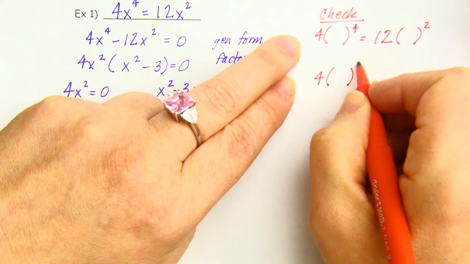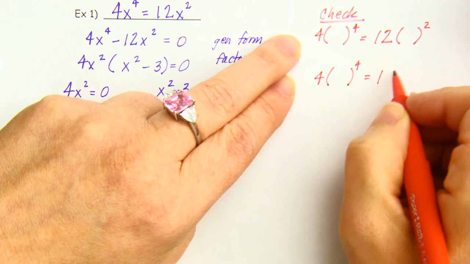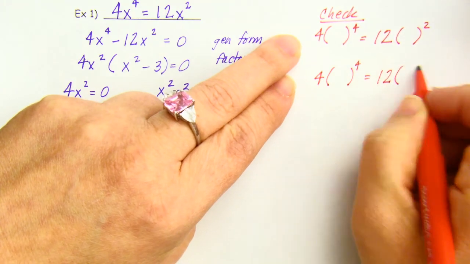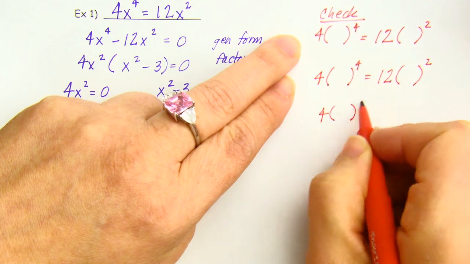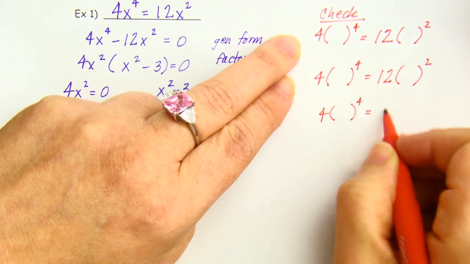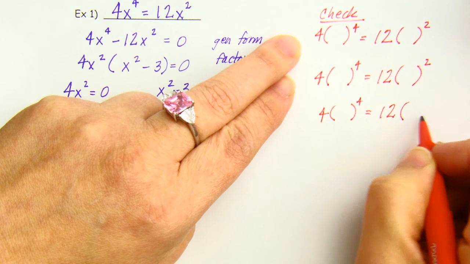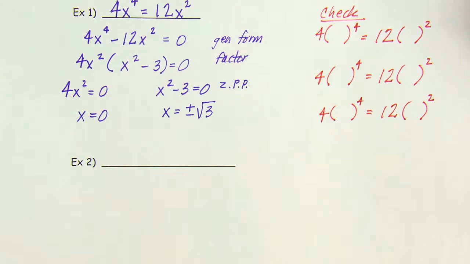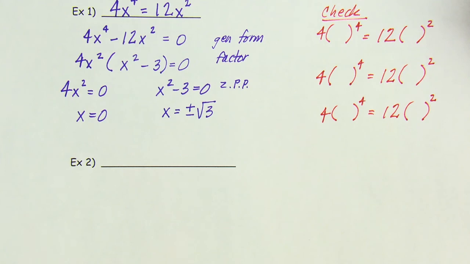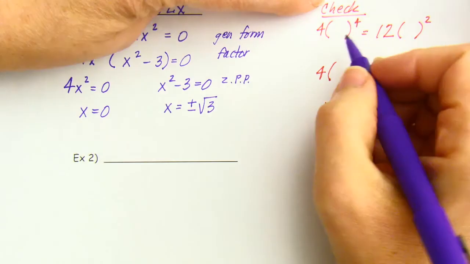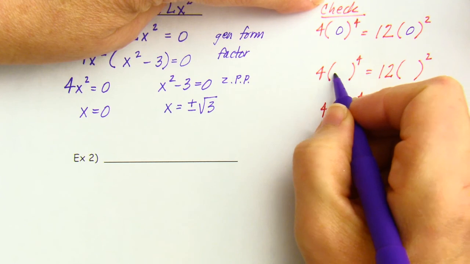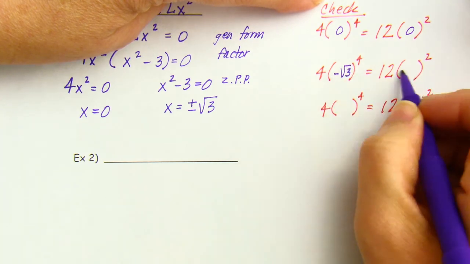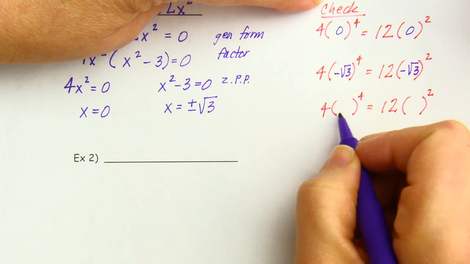So I'm just going to set up the template, and then I'm going to substitute into it afterwards. All right, so my potential solutions are 0, negative square root of 3, and positive square root of 3.